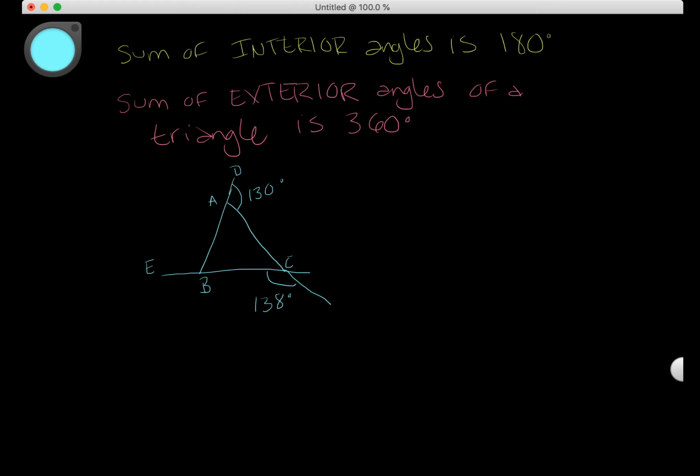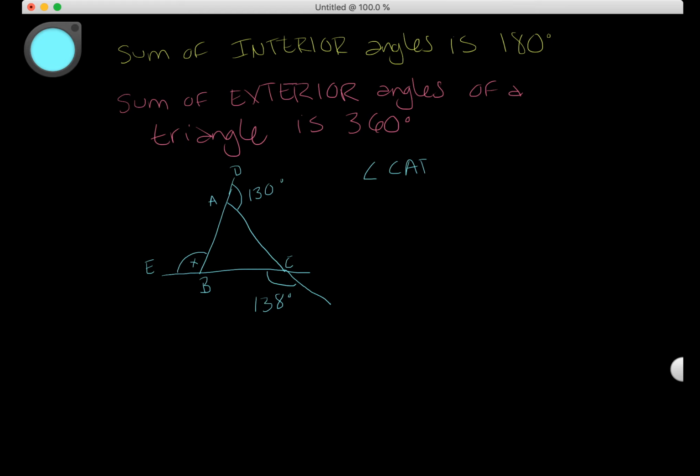So the information that we have is that angle CAD is 130 degrees, right? CAD is 130 degrees.